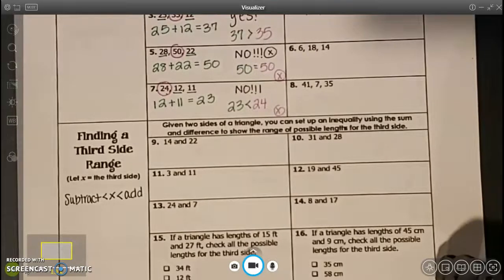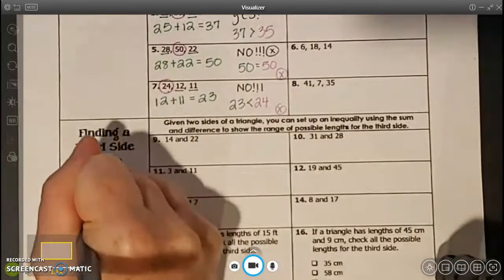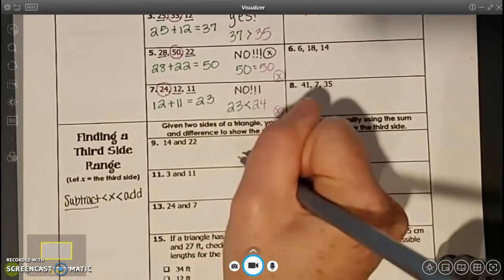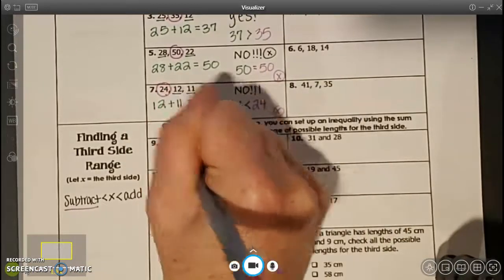Okay, so let's look at number 9 here. We have 14 and 22. So remember, you always have to subtract the smallest from the largest. So we'll do 22 minus 14, which is 8.